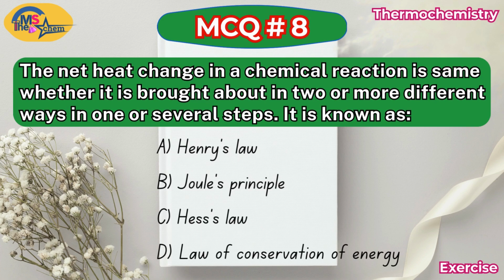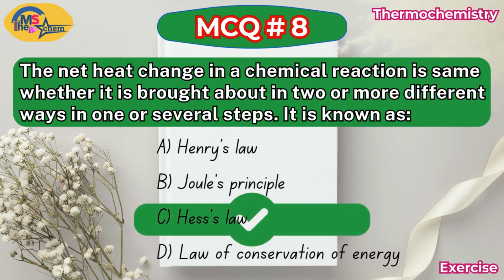So option C, Hess's law, is the appropriate answer for this question, because this explains the heat change for a reaction which is brought about in two different routes.